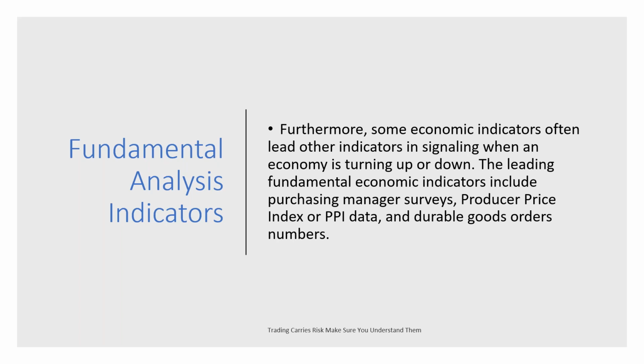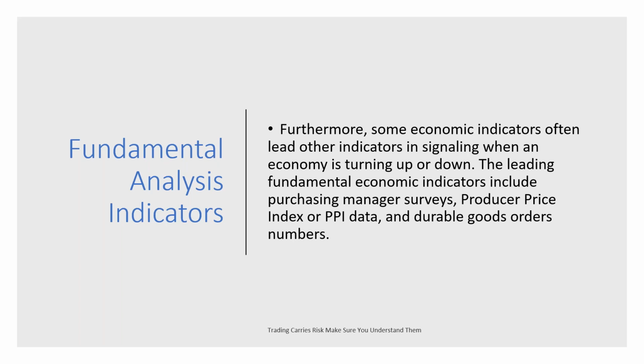Furthermore, some economic indicators often lead other indicators in signaling when an economy is turning up or down. The leading fundamental economic indicators include PMI, Purchasing Managers Index, Producer Price Index or PPI data, and durable goods orders. Durable goods orders is a major number predominantly for the US.